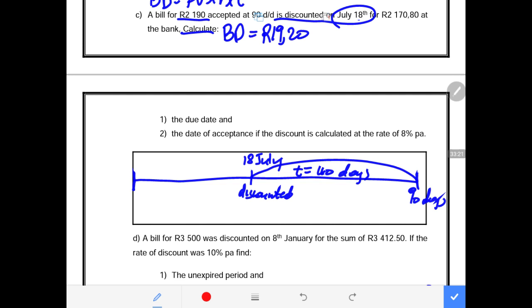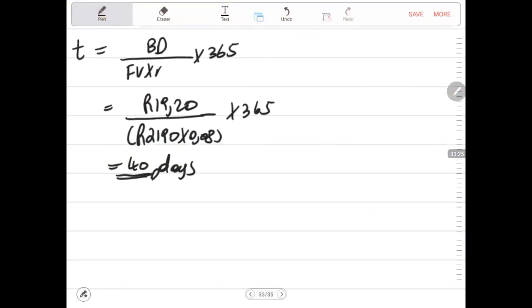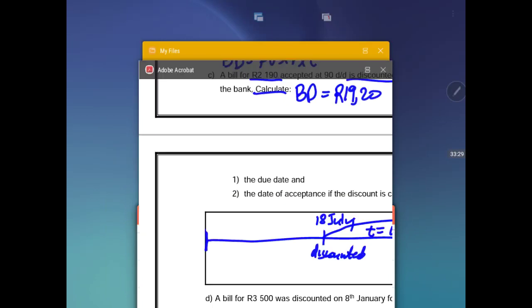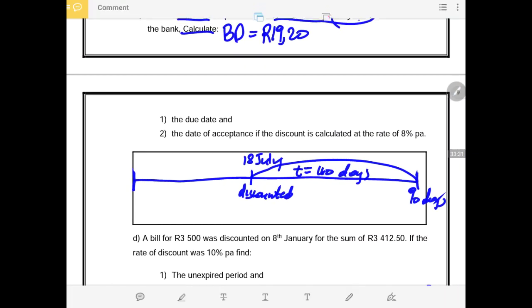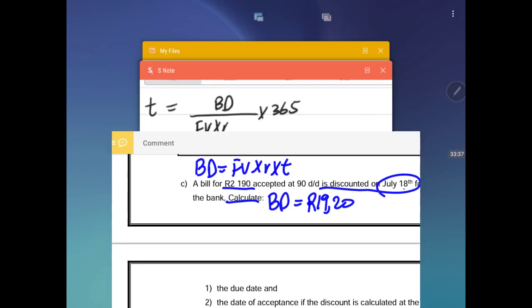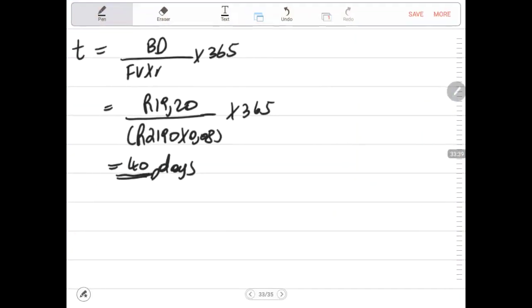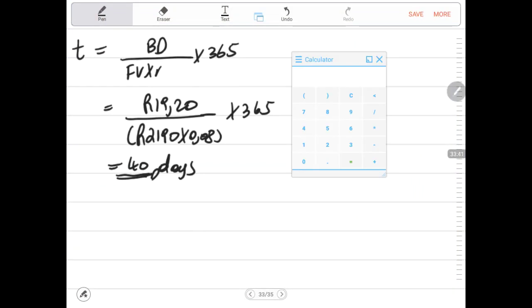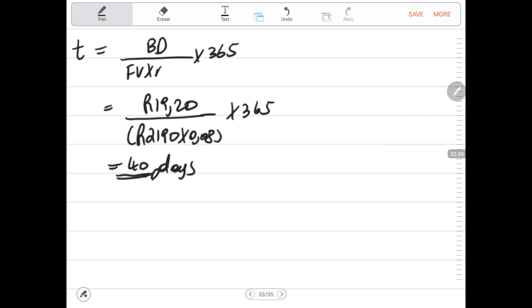Now let me do the calculations of this 40 days. We know that the bill was discounted on the 18th of July. So we're calculating 40 days from that date. July has how many days? We need to know that July has 31 days. 31 minus 18 gives us 13 days.